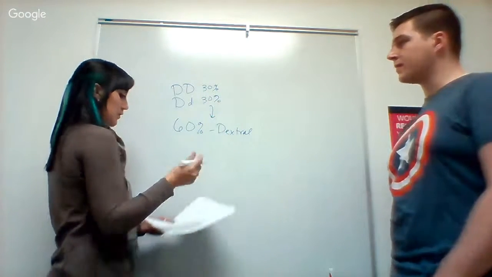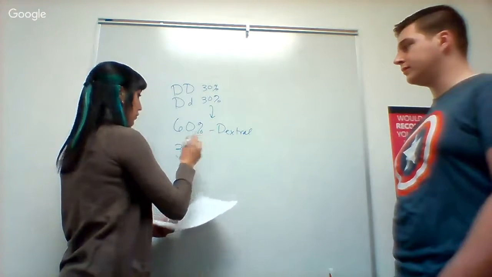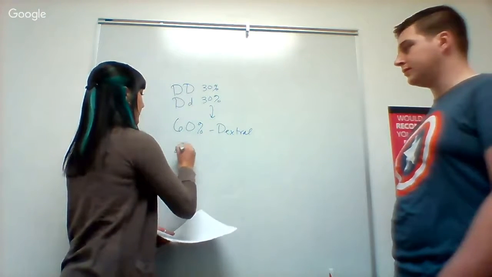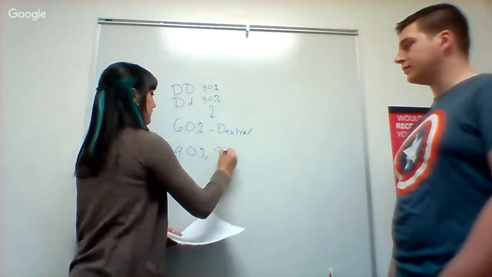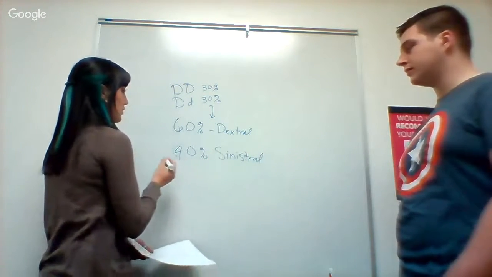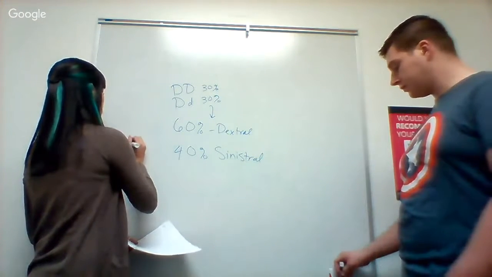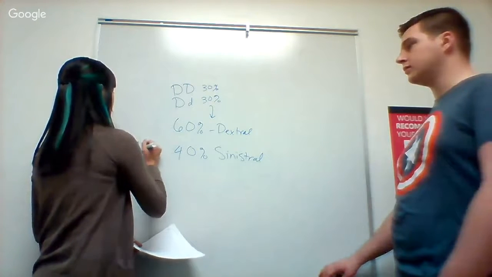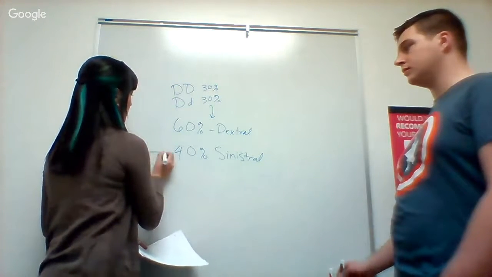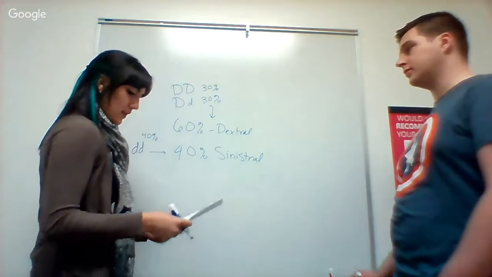And then for sinistral, it was 30%, 40%, sorry. And that was just because in the original, in the mother's genotype, we had lowercase d was 40% also. So that would stay the same.